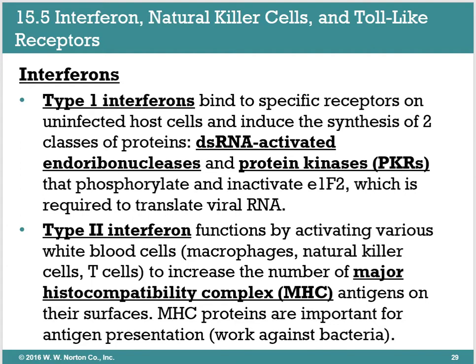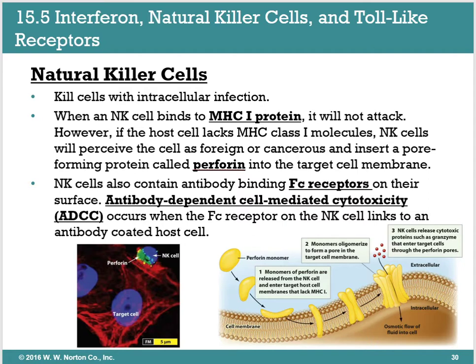Okay, so with that, let's talk about natural killer cells. Natural killer cells kill intracellular infections. So if there's an infection inside the cell, it will go around killing. What they do is recognize that cells have lost their ability to express the MHC1 proteins. So if a natural killer cell binds to an MHC protein on our cell surface, it will not attack.